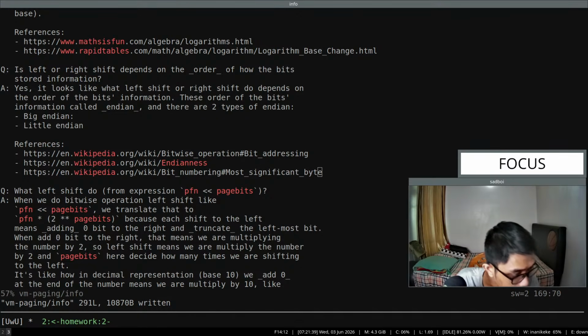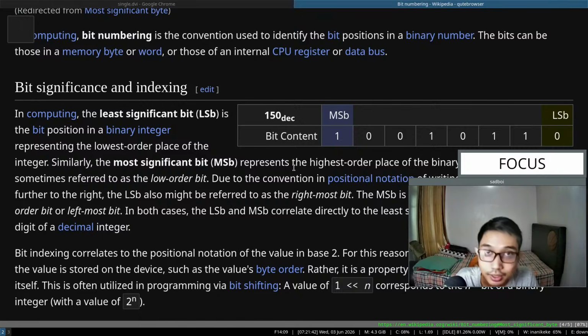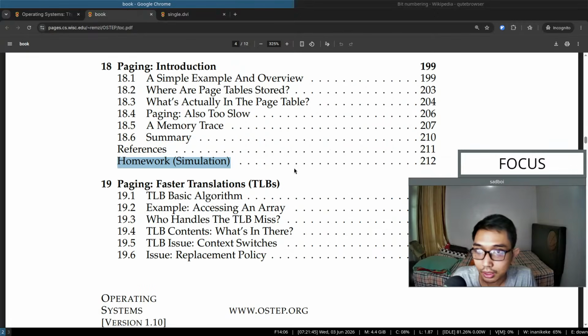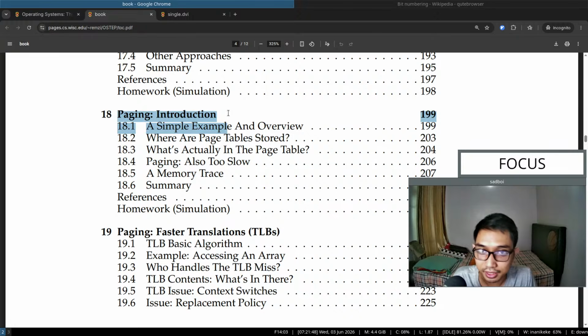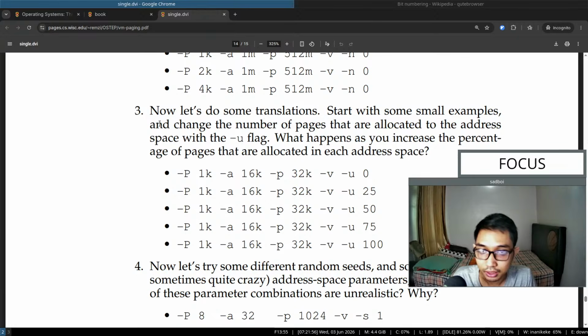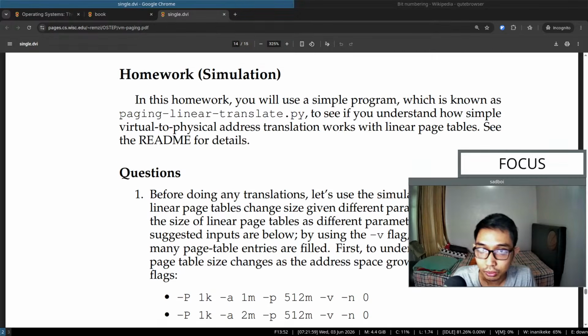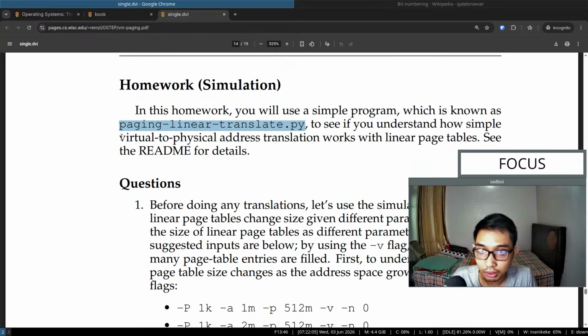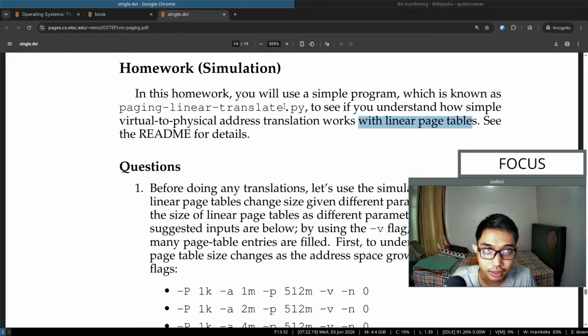Hello, welcome. We are currently still on chapter 18, paging introduction, and trying out the homework simulation here. Basically trying to understand what this Python script does, like how to do the translation of virtual to physical trace with a linear page table, something like that.